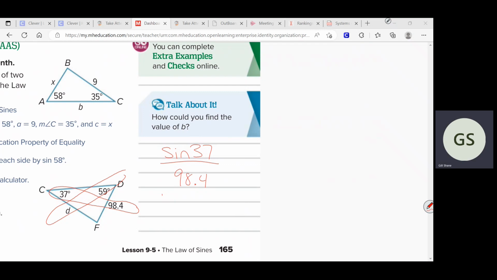And then I just set that equal to sine of 59 over the length of the opposite side, which is what I'm trying to solve for. And then now you solve that out. So take the sine of 37, replace that with a number, take the sine of 59, replace that with a number, and then cross multiply to solve for D.